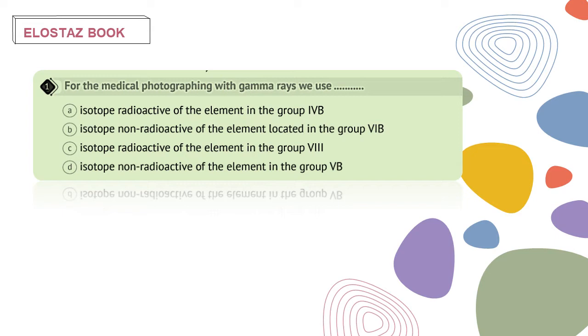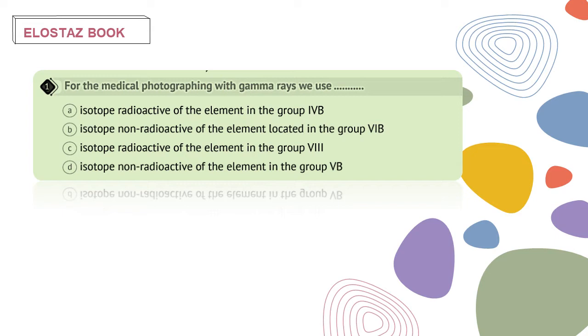Okay, the choices are: a radioactive isotope of an element in group IVB; a non-radioactive isotope of an element located in group VIB; a radioactive isotope of an element in group VIIIB; and the last one, a non-radioactive isotope of an element in group VB.